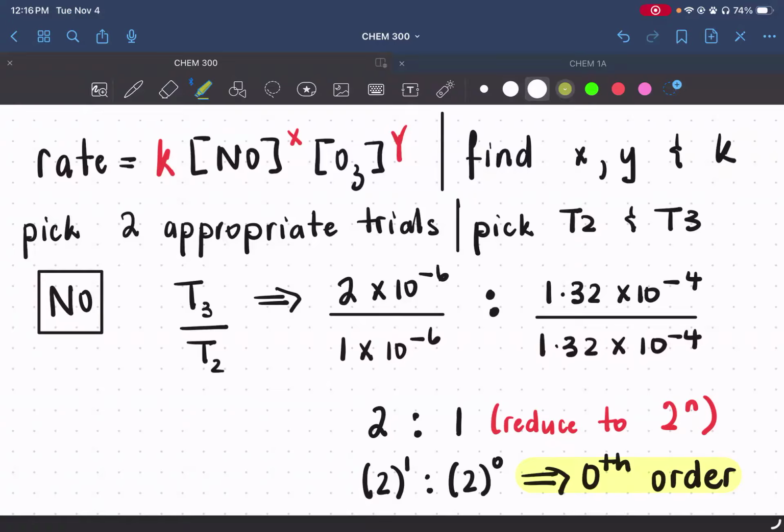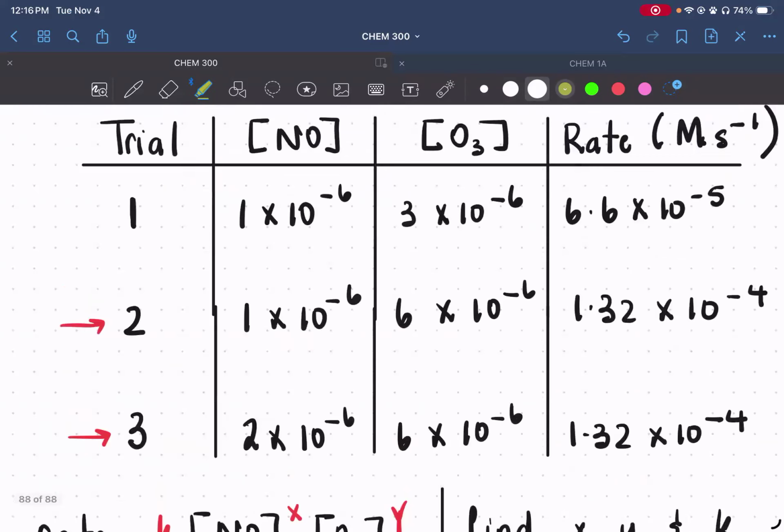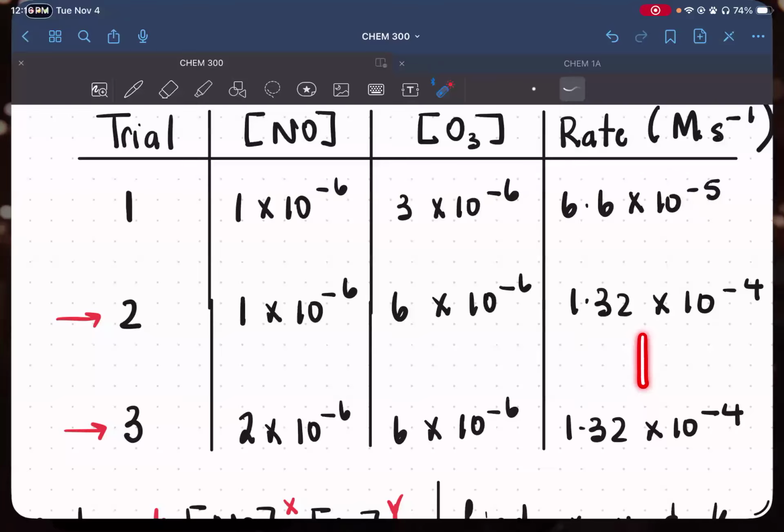There is not an explicit formula for this type of question. You pick 2 trials and you analyze it. You see, some of us may have already been able to look at the table and say, well, Supreet, did I really need to go through all of this work? Couldn't I just have looked at it and said, well, this multiplies by 2 and no change happens to the rates?